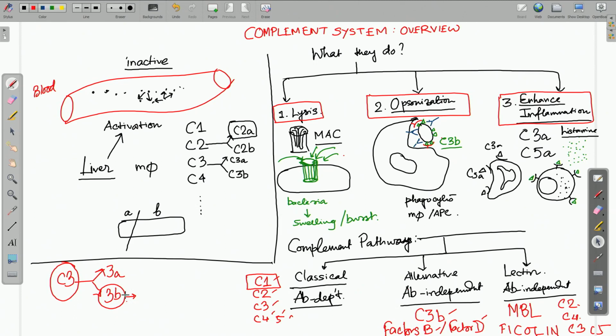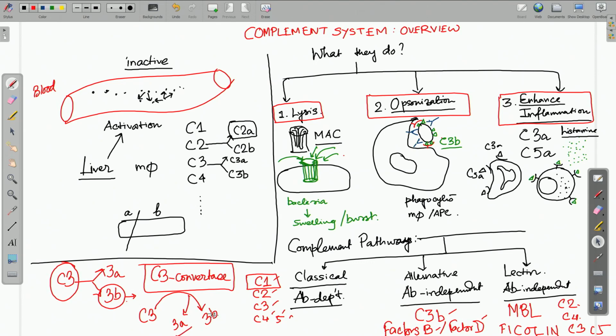That is the main objective, and for that, the cleaved products of this complement system try to associate with each other and form a complex which is described as a C3 convertase. So, their objective is to form a C3 convertase, and a C3 convertase basically converts C3 into C3a and C3b.